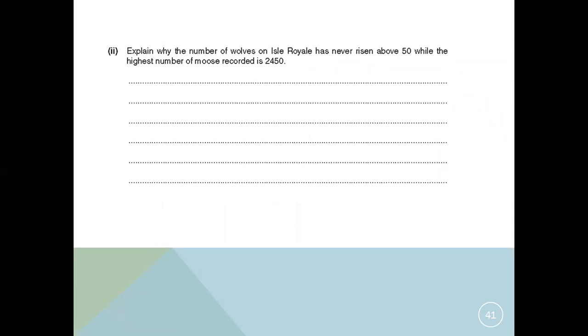Food is transferring from a lower trophic level to a higher one, so energy losses happen in the form of respiration and movement. So there is not enough energy for the high trophic level.